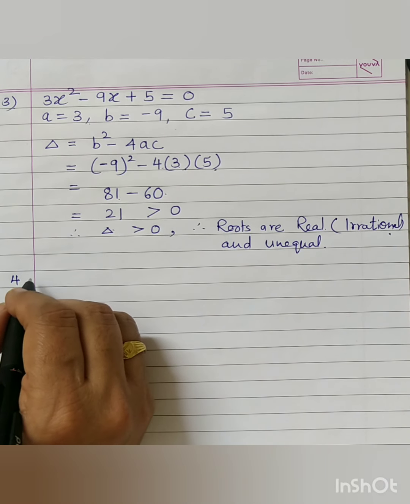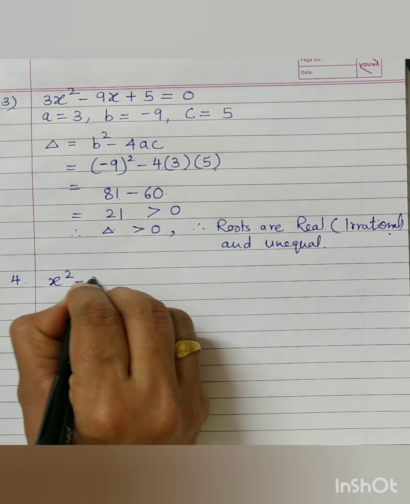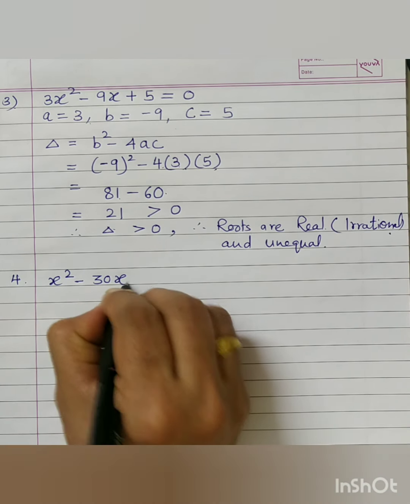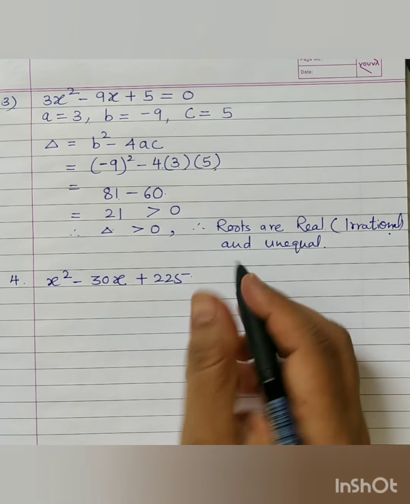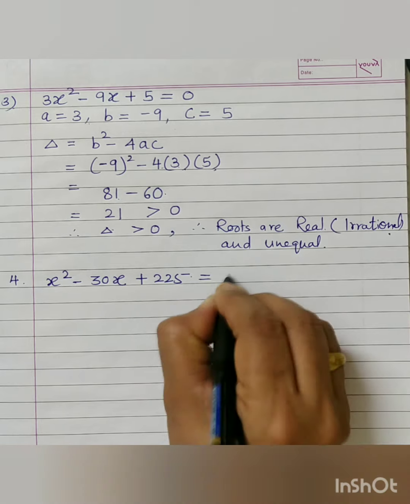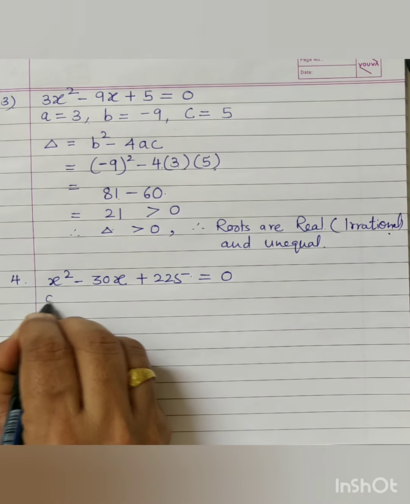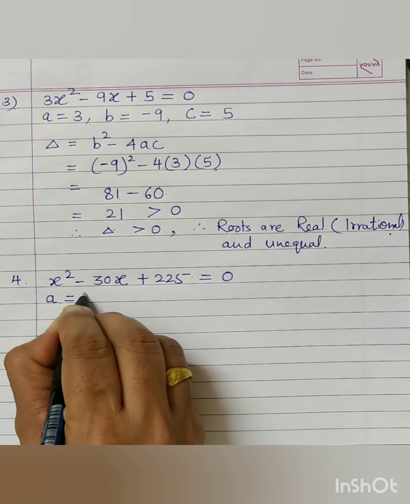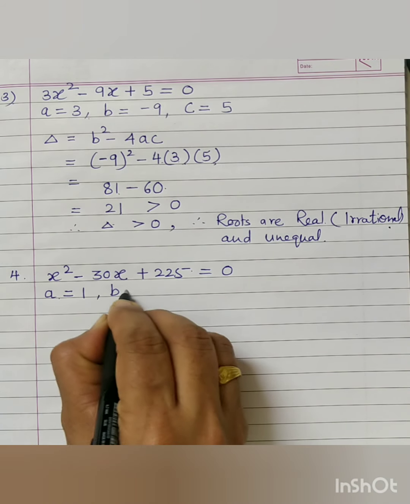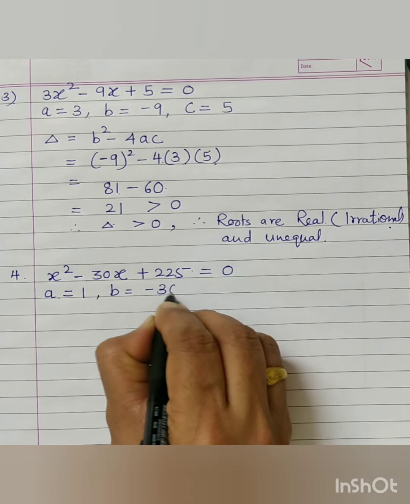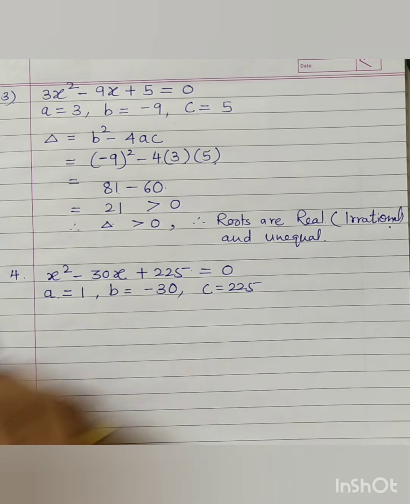One more I will take. x square minus 30x plus 225 is equal to 0. Okay. Now here, what is the value of a? 1. b is minus 30. c is 225.